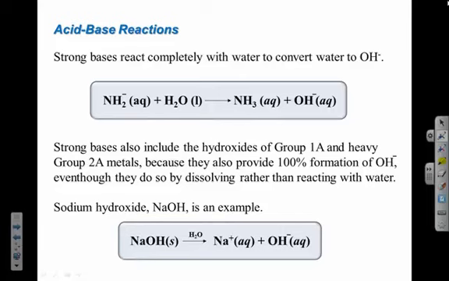So these are also considered strong bases because as a solid, when I dissolve it in water, if the positive and negative ions completely separate, I produce 100% OH minus. So any base that, when I put it in water, produces nearly 100% OH minus, either by breaking up and already having the OH minus present, or by pulling a hydrogen off the water and making an OH minus, is considered a strong base.